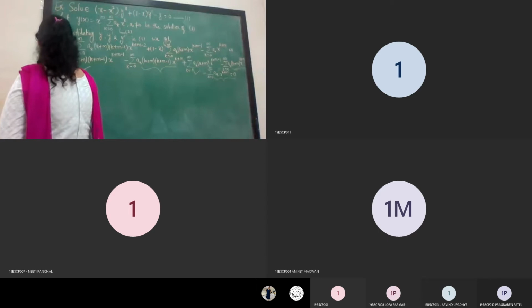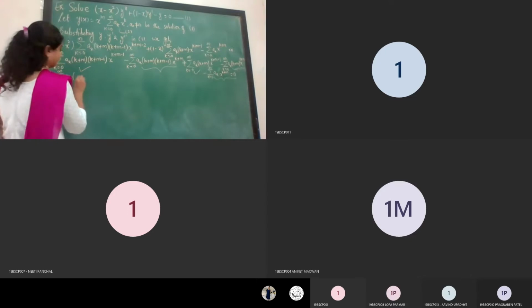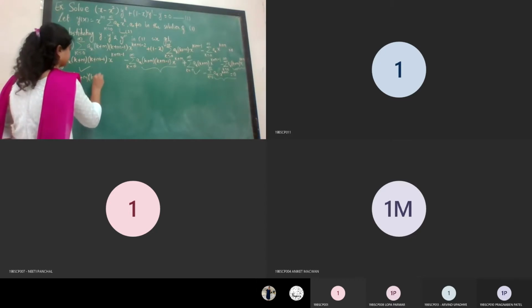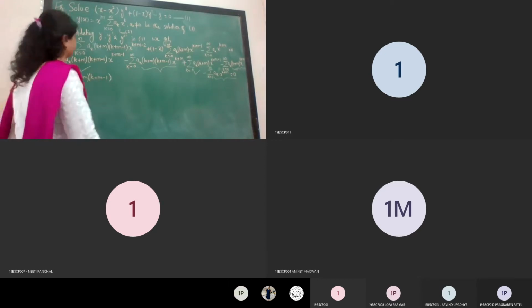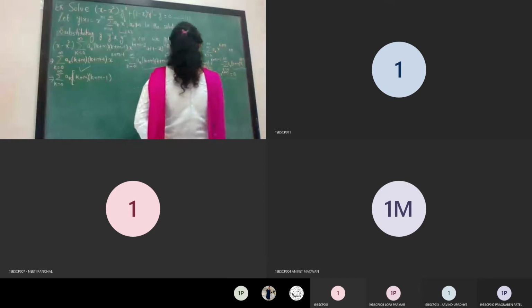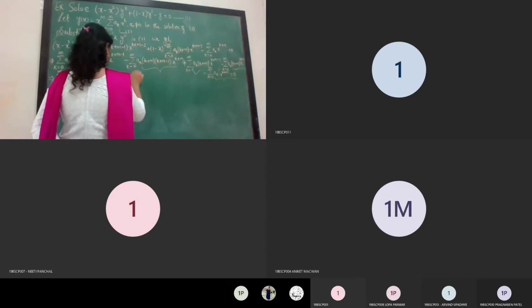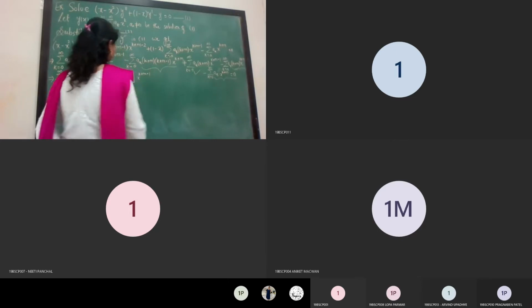I can write here ak, k plus n, k plus n minus 1. Of course, I will write the square bracket because of the coefficient of this one. Now the coefficient of this one, I have already considered common, and it is with the positive sign. So k plus n, x raised to k plus n minus 1.